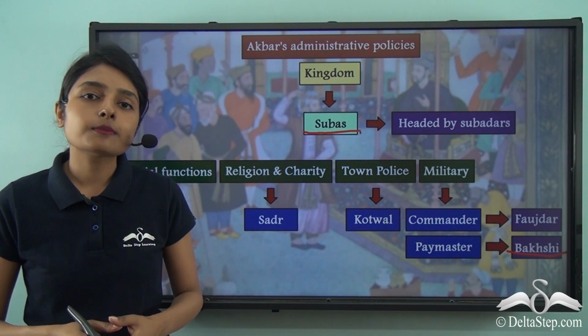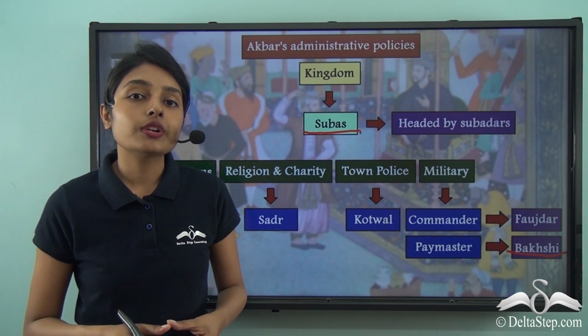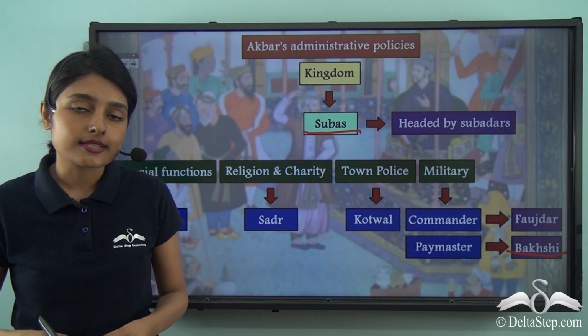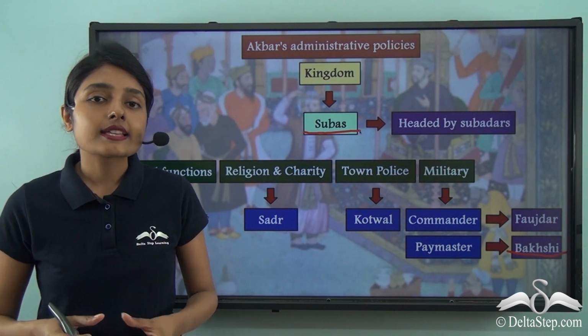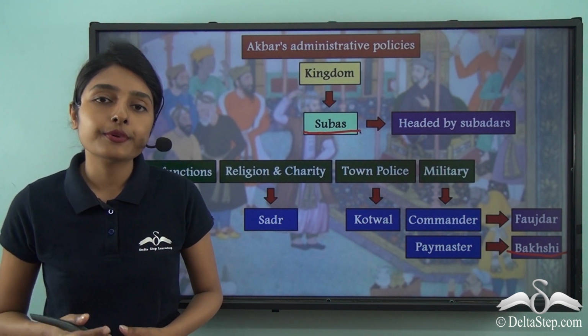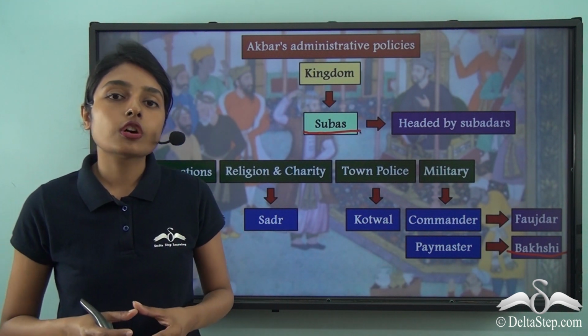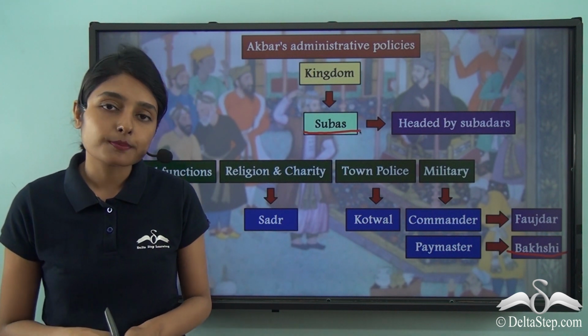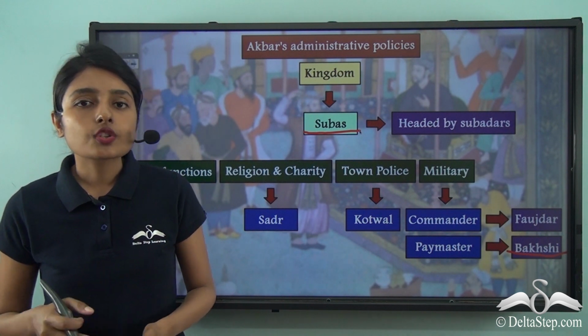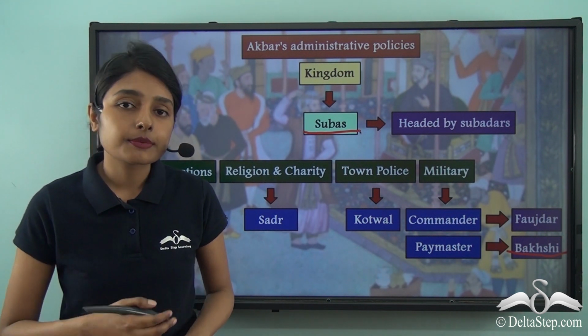With this, we come to an end of our discussion on Akbar's administrative policies. We learned that as a very efficient administrator, as a very efficient Mughal emperor, Akbar made sure to have his rule extended in every possible way. And so he introduced the Mansabdari system.